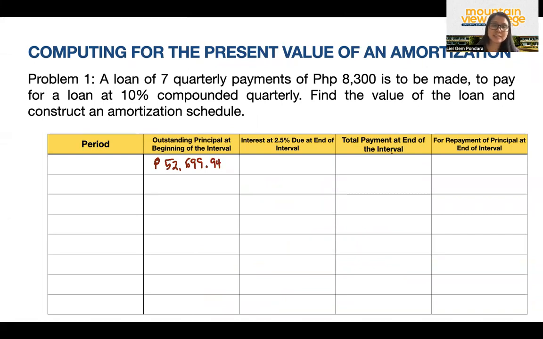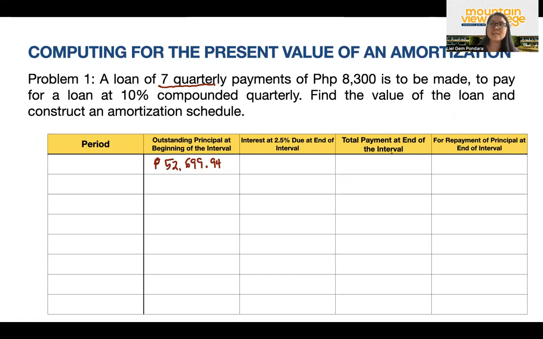Period stands for when. When will you pay? Here, we only have 7 quarterly payments. So we say quarter 1, quarter 2, quarter 3, quarter 4, 5, 6, or 7. But in some amortization schedules, they need to place the date, for example, January 5, 2022.